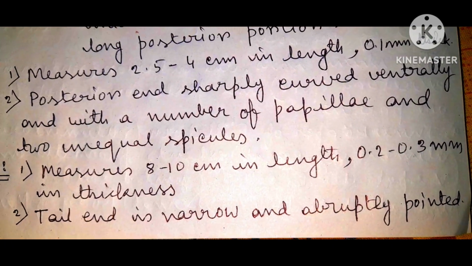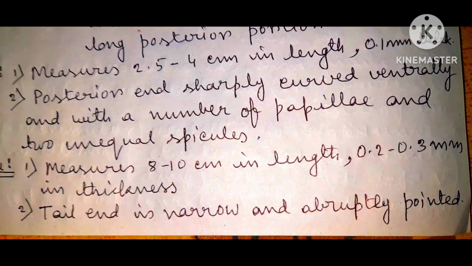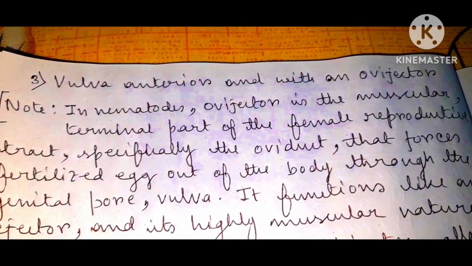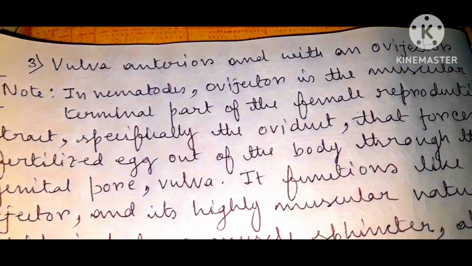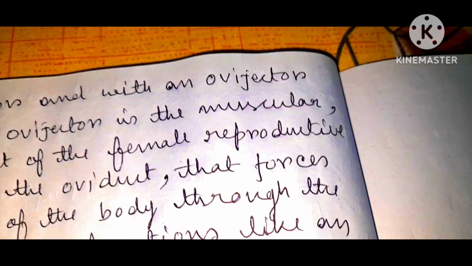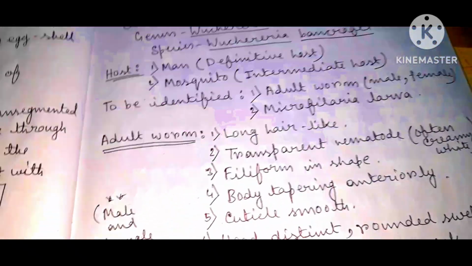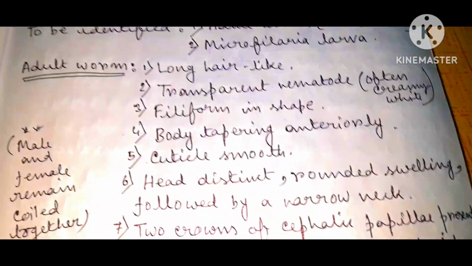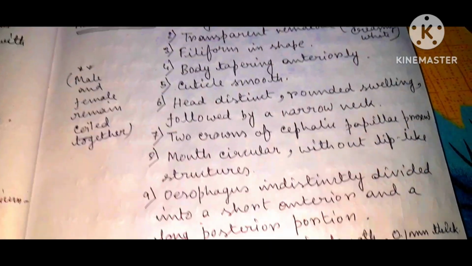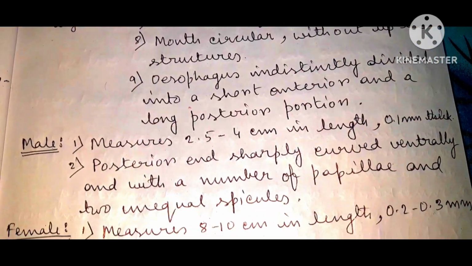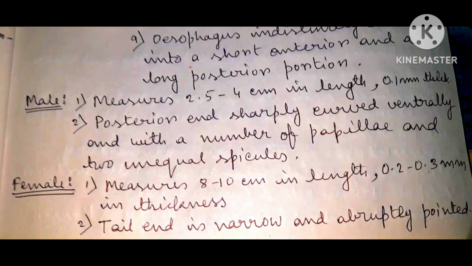Tail end is narrow and abruptly pointed. Next point, vulva anterior and with an ovijector. So, this is all about the adult worm identifying features with distinct features of male and female.